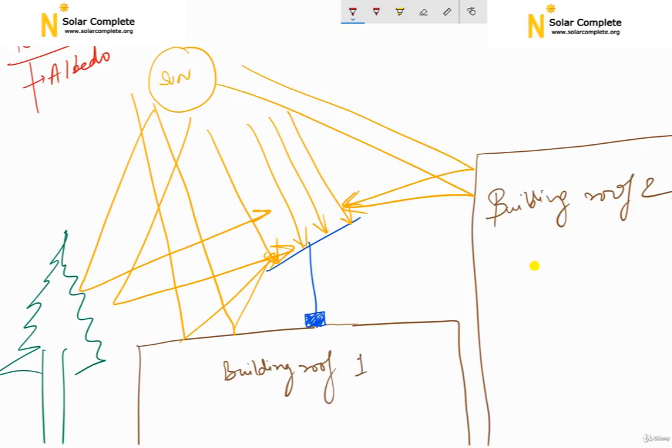Third is hybrid solar power plant. So these are the major three categories in the solar market which we are going to study the financial modeling about.